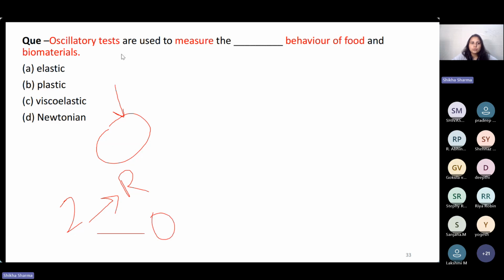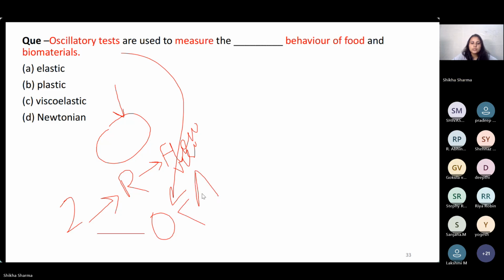We are talking right now about the oscillatory test. In the rotational test, we get the flow curve, or we measure the viscosity of a material. Whereas in the oscillatory test, we do amplitude sweep and frequency sweep.